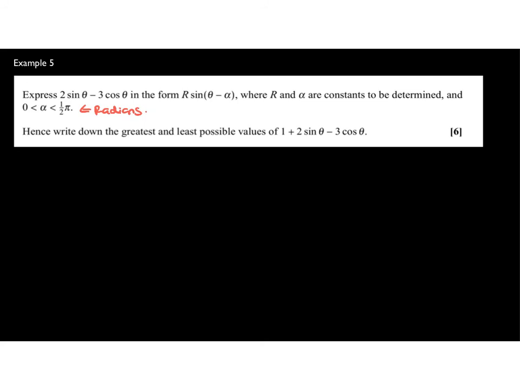Again, notice the negative sign here in the original function, and this is matched by the correct identity. So 2 sine theta minus 3 cos theta, we're expressing it in the format r sine theta minus alpha.